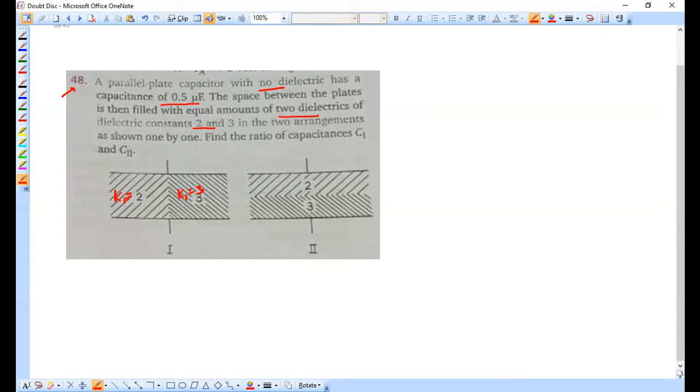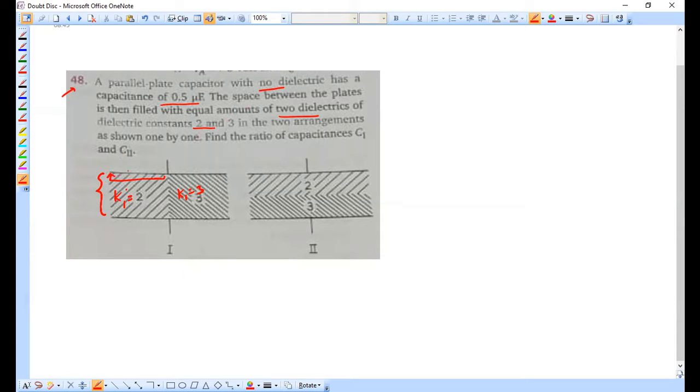And then we form two different capacitors depending upon the manner in which we have inserted the dielectric. Now, if you see in this first figure, the dielectric has been inserted in such a manner that it occupies the entire space between the two plates, but occupies only half the area.